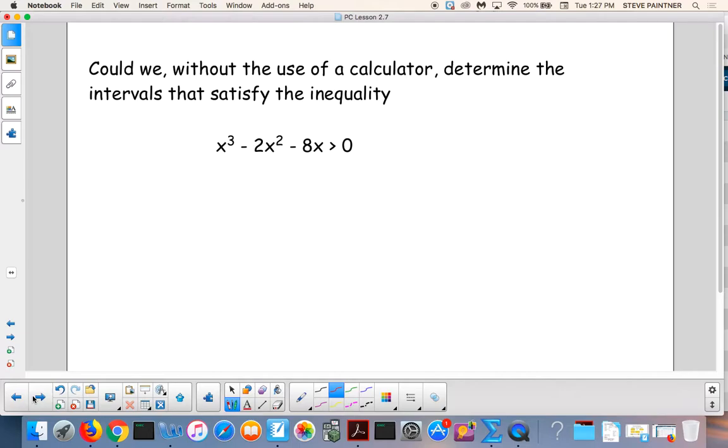How do we do it without a calculator? See that? How do we do it? We factor it. We get our zeros. Yeah. Go, do it. Start by taking out an x.